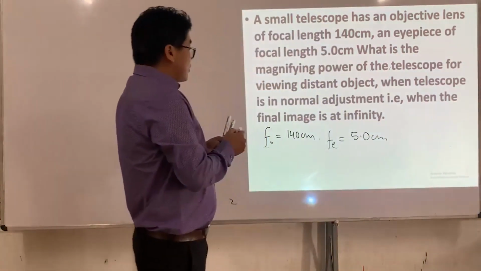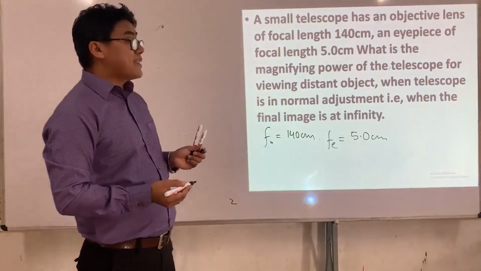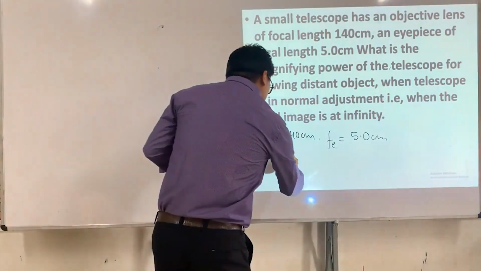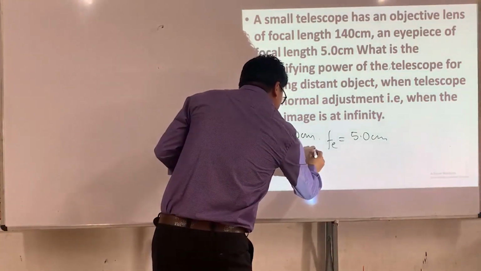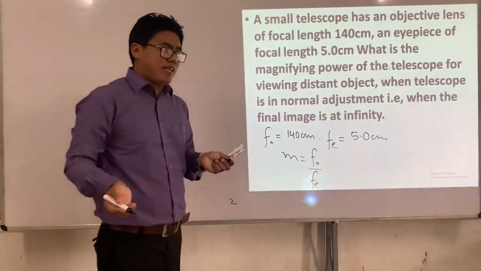So what is the magnification? Magnifying power is nothing but magnification. Therefore magnification is going to be f naught divided by f e. This is a simple formula, we have derived it.